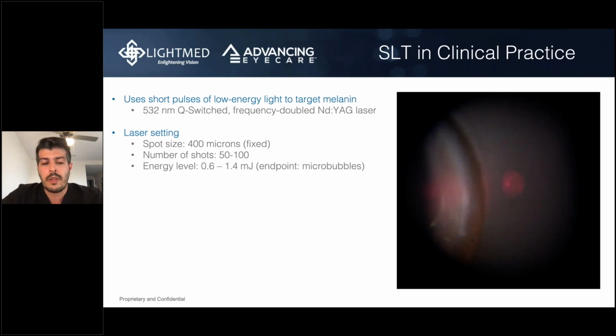So once you have a pressure goal, then the second step is how are you going to get there? Drops, SLT, or surgery? And what are the likelihood of you getting to the goal that you want? So for overwhelming majority of patients, you're thinking of eye drop or SLT.